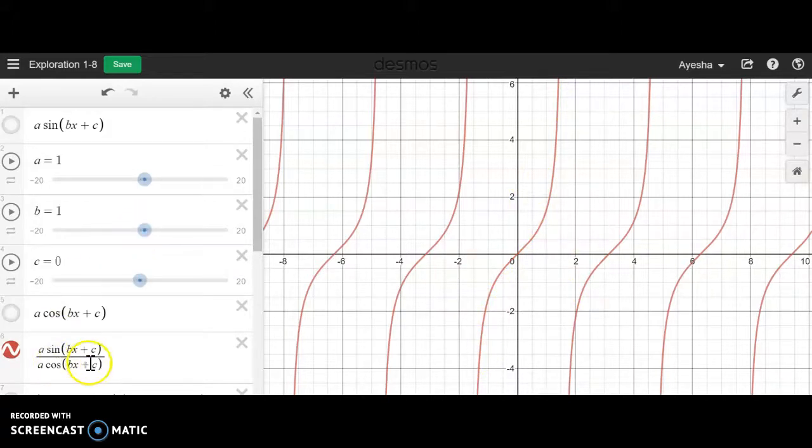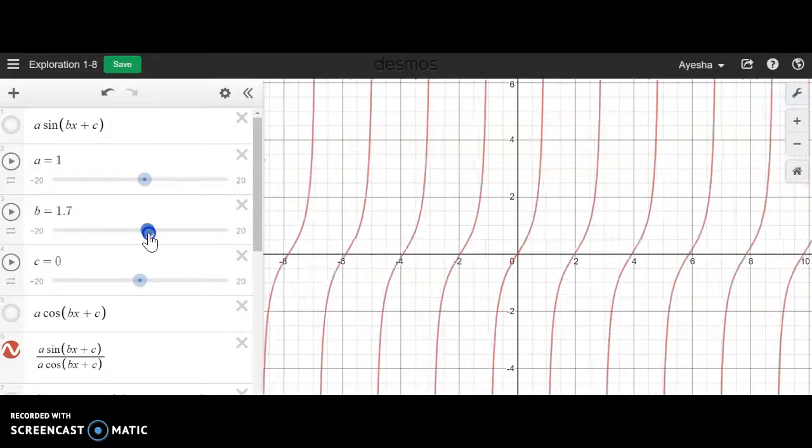That also makes sense because the period for tangent, as we know from calculus, is pi over b.